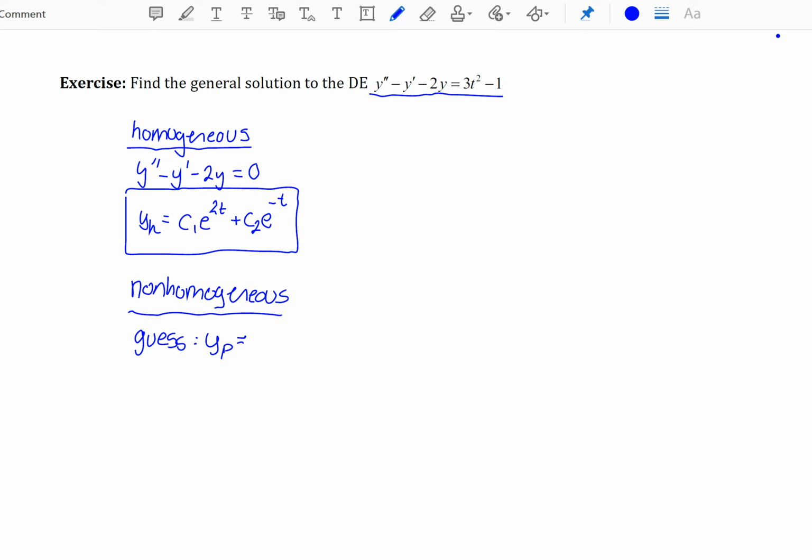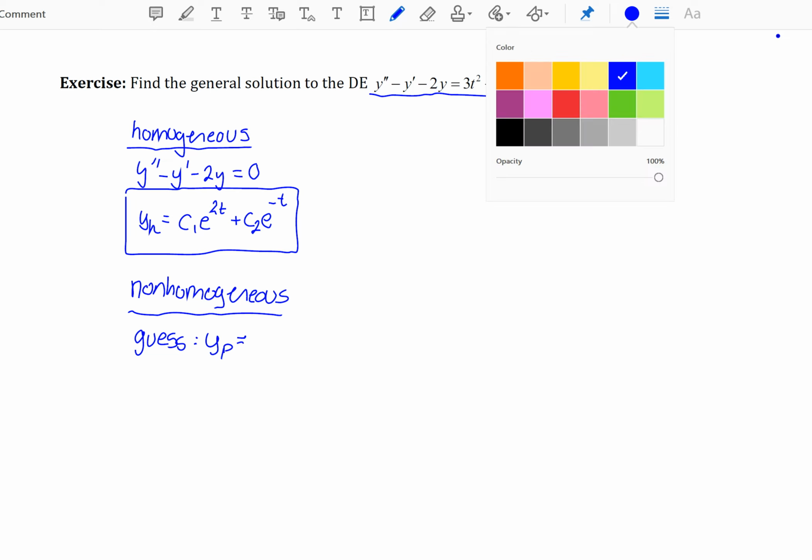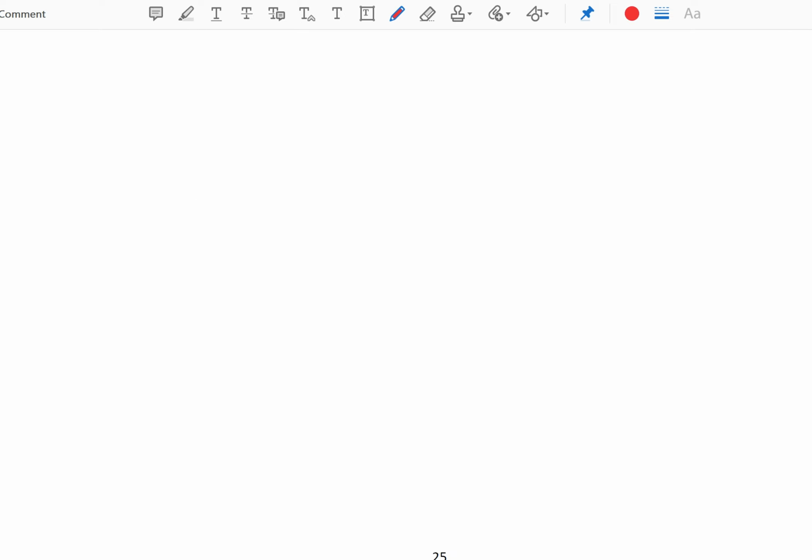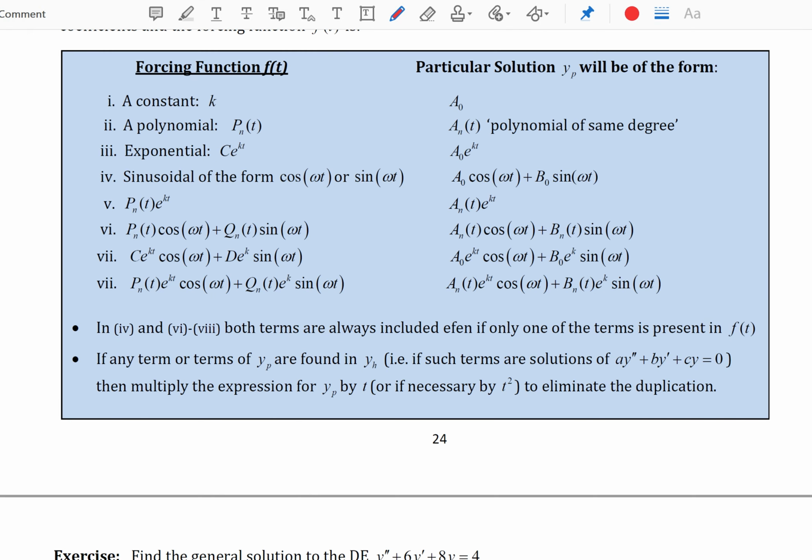Now remember, when looking for the guess for your non-homogeneous solution, you always have to look at the form of your forcing function. Notice that your forcing function in this example is a second-degree polynomial. And so if we look back at our table for appropriate guesses, this is case 2.